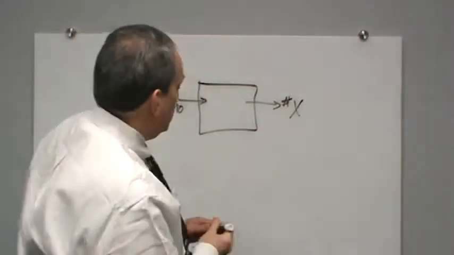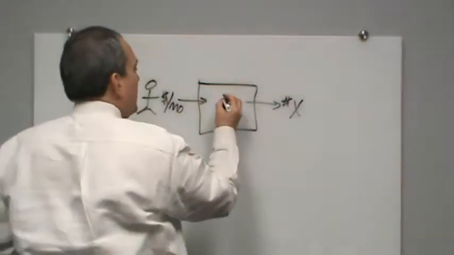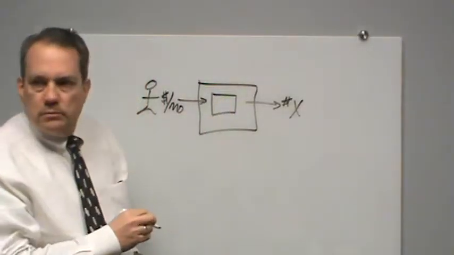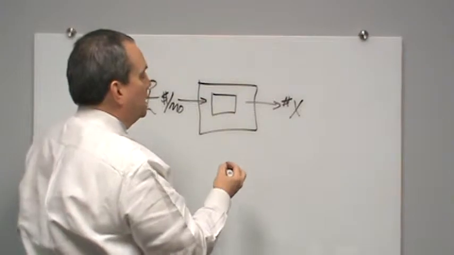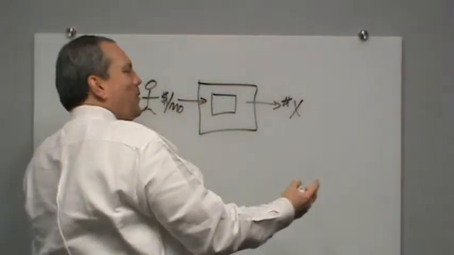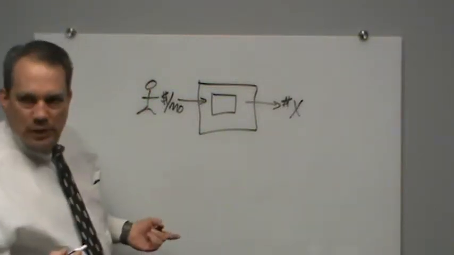Universal life is the same basic idea, except that you can see what's going on. So you've got a transparent box that your money goes into. And what do you pick up with universal life? A little bit of flexibility.